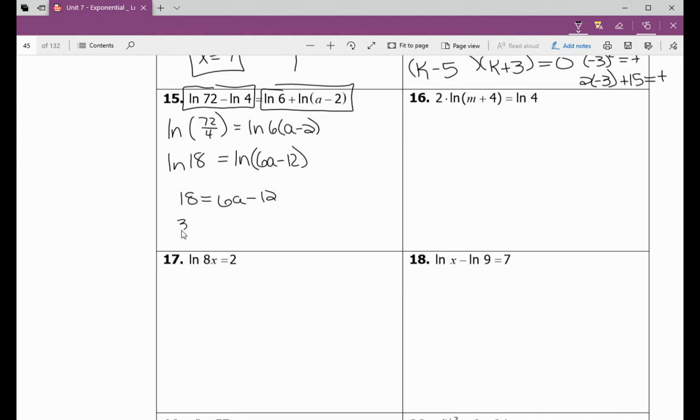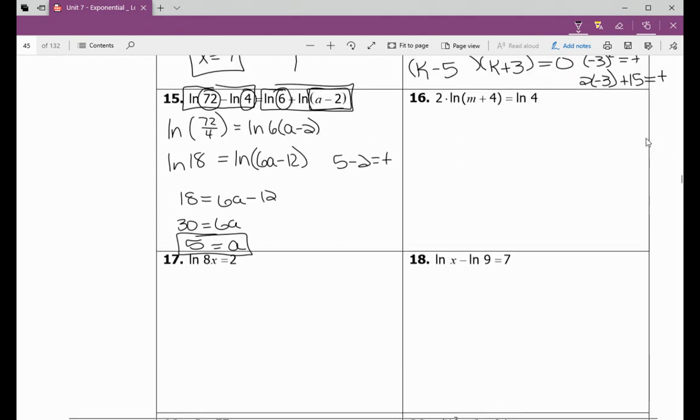I add 12, that gives me 30. So I get a value for a, which is 5. Now, I need to make sure that this value is valid, because it's the only number. When I plug in 5 minus 2 to check, it does give me a positive answer, so I can keep my 5.